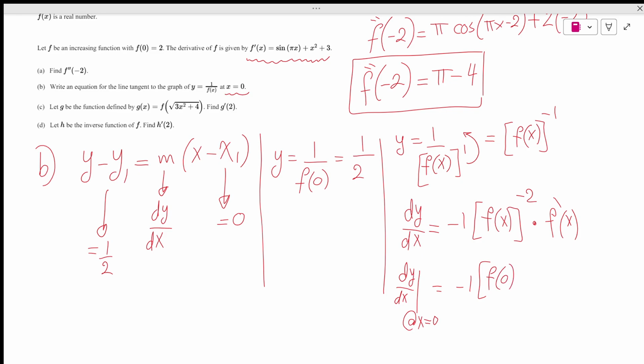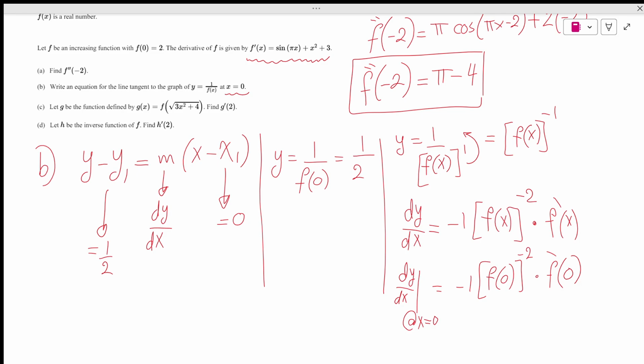I'm replacing x with 0 to the power of minus 2 times f prime of 0. Now f prime is given, so we will just find f prime of 0 by substituting the 0 into the first derivative.